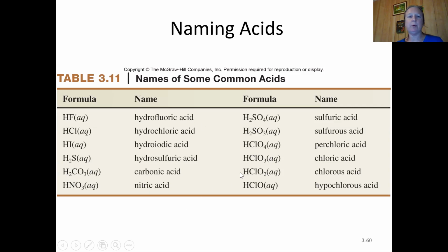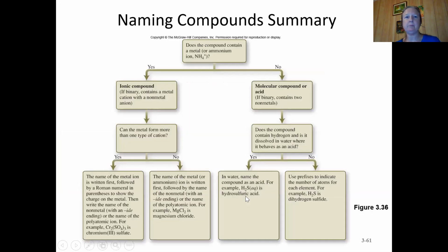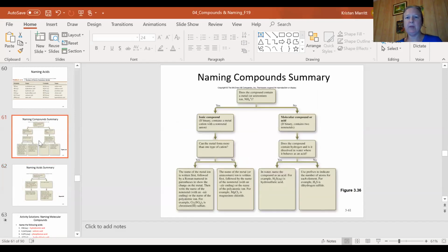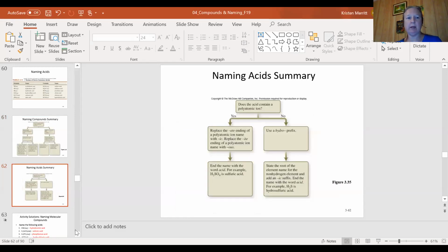It really just comes with practice. Here was another flow chart that you might find helpful for naming. Maybe keep this up while you're working with your homework or something, or print it out. That's naming your compounds, and that's naming acids.